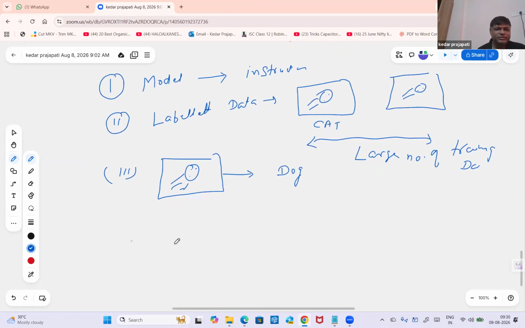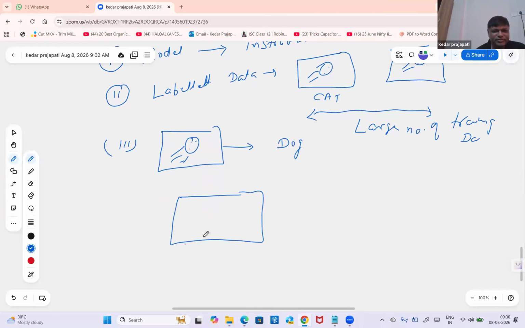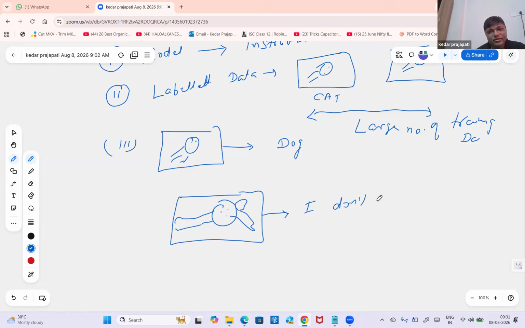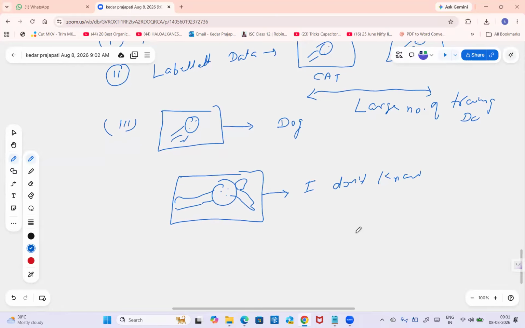Now the problem comes. Suppose I'm giving a lion image. Suppose the lion is like this, big mouth and very big, and I have not written anything. Then what should the machine do? It should say that I don't know. That is also called unlabeled data.